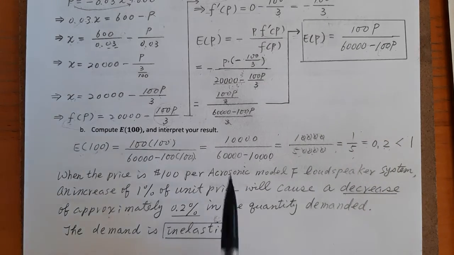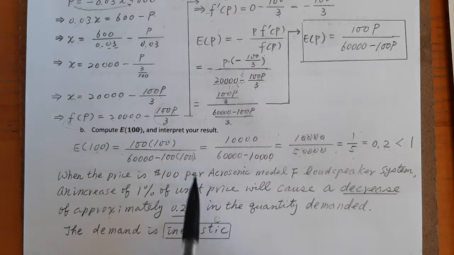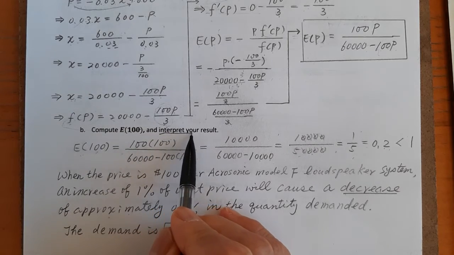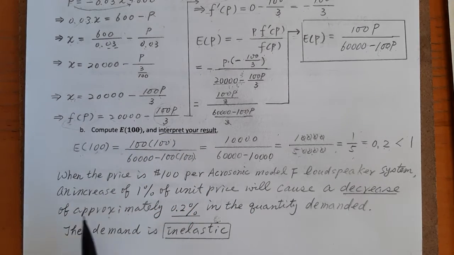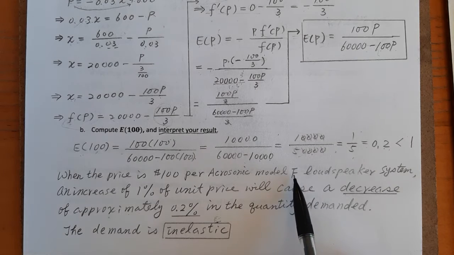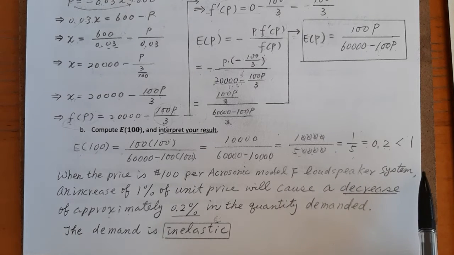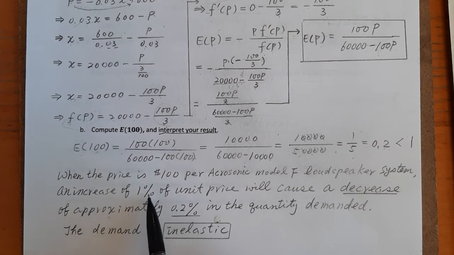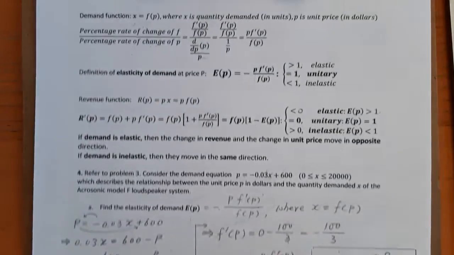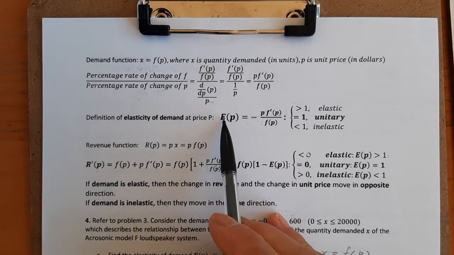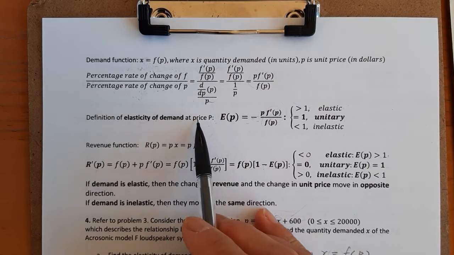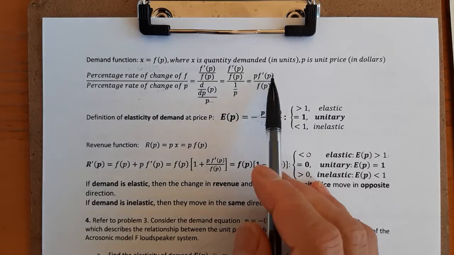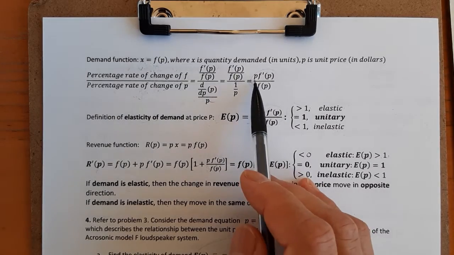Then we interpret the result. What does this mean? It means when the price is $100 per Acrosonic Model F loudspeaker system, an increase of percent of unit price, because elasticity of demand is defined by this number times a negative sign.